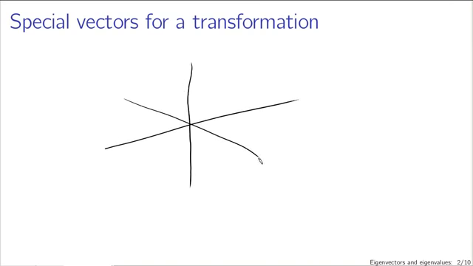Essentially, eigenvectors and eigenvalues are special vectors for a transformation. Suppose, for example, I have Cartesian free space, with an x-coordinate, y-coordinate, z-coordinate, x-axis, y-axis, and z-axis. If I consider a transformation that is rotation about the z-axis, a vector here in the xy plane would be rotated around to point in some other direction, remaining in the xy plane.